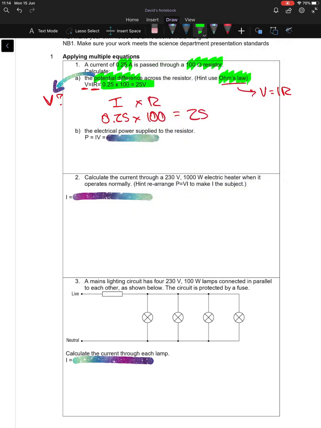The electrical power supplied to the resistor. So we know that power equals current times voltage. Right. It's a 2-part question, so we might need to use bits from this question in here. So, what's our current?